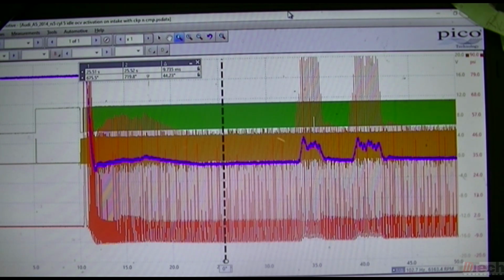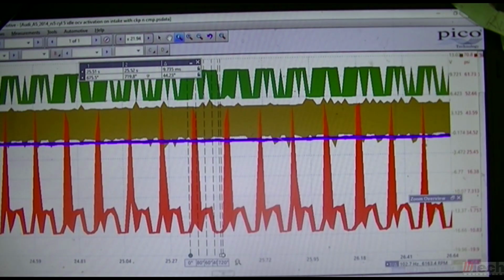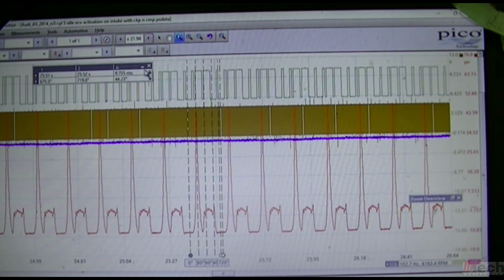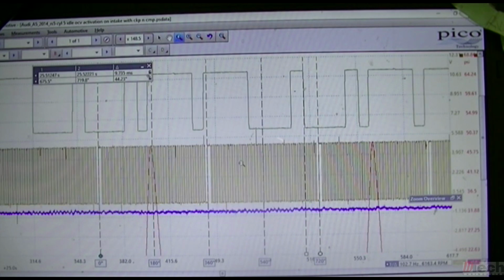So in this capture, we will be looking at the phasing on the intake cams. And the way that I am going to do it is by using the crank signal and the cam signal, and comparing points in those areas to see how much of an advancement occurs.